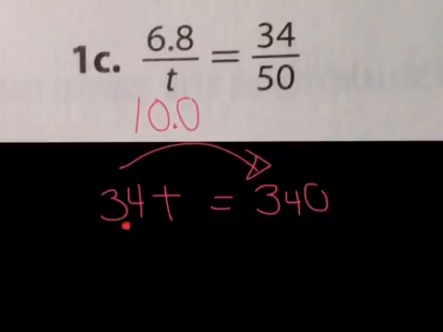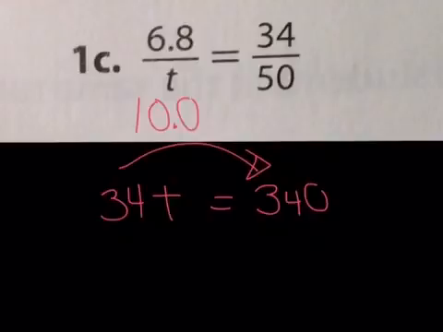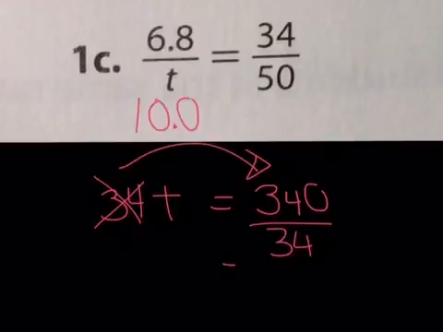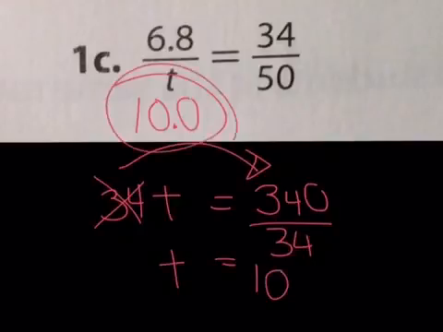On this side is multiplication, on this side will be division. Remember, whenever you have a number and a variable side by side, the computation is multiplication. So multiplication on this side, division on this side, and it looks now like this. I get rid of it here, and it comes here. And 340 divided by 34 is 10. t equals 10, just as we did.